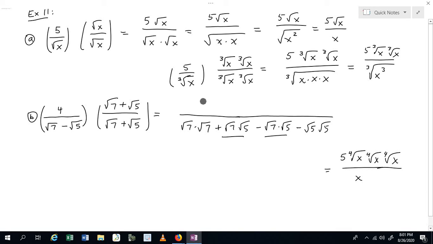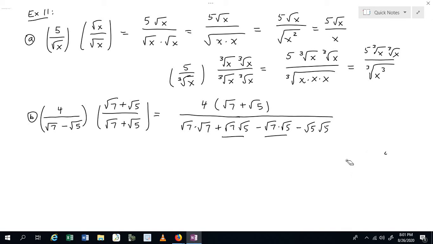Okay, in the numerator on top, you just get 4 times the square root of 7 plus the square root of 5. Okay, so now these middle terms cancel out. One's plus and one's minus, okay, but they cancel to 0.